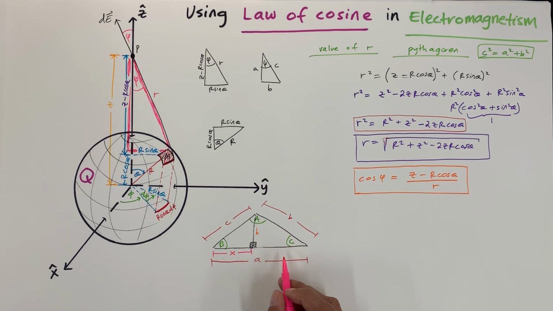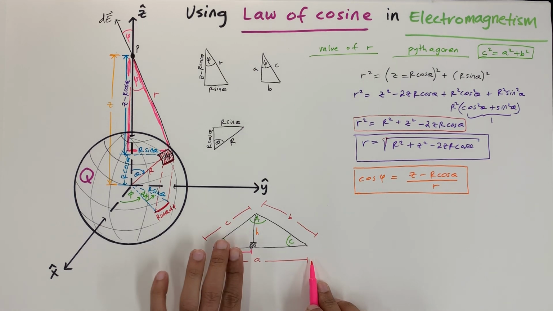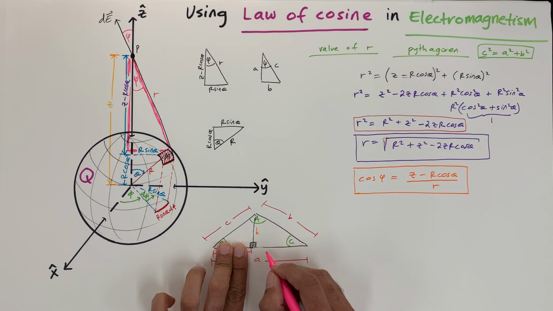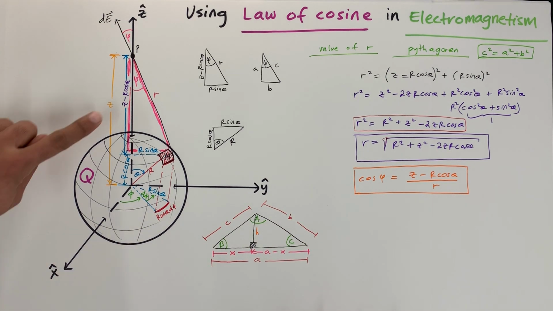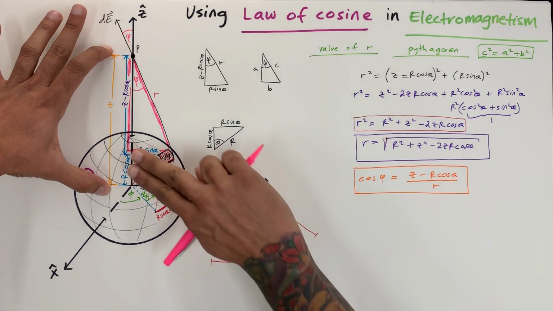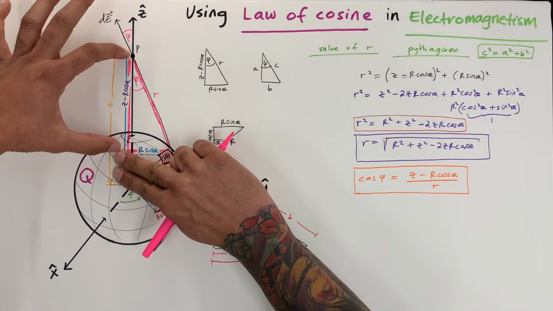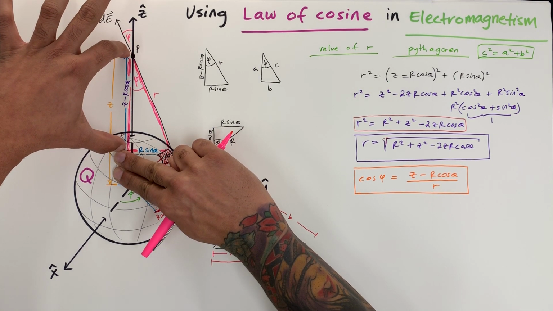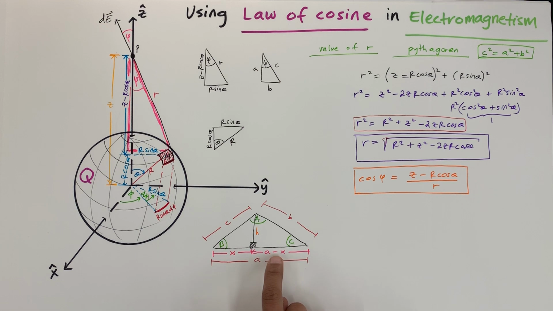That means this spot here is going to be the entire length of A minus x. The same way that we did with the z and the r, we did the entire length of z minus r cosine, and it left us with z minus r cosine here. So that's that part right there.